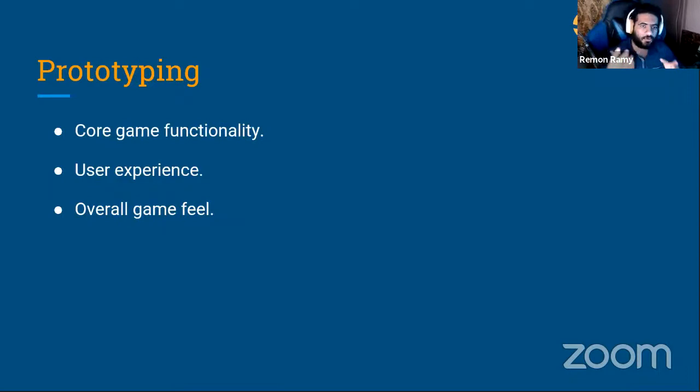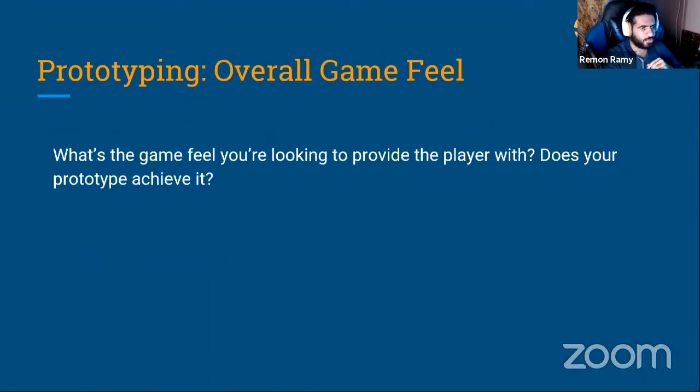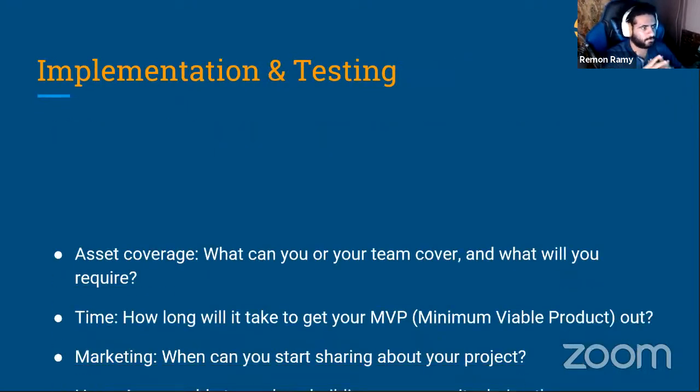They actually are a really good way to spend time, and essentially it's an entertainment product. So the game feel is extremely important, how your player feels while playing your game. This is something that the prototyping phase can very easily determine. The core game functionality, we already talked about, so I'm just going to skip ahead.